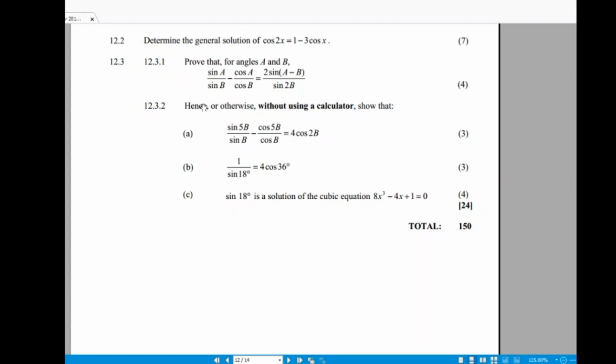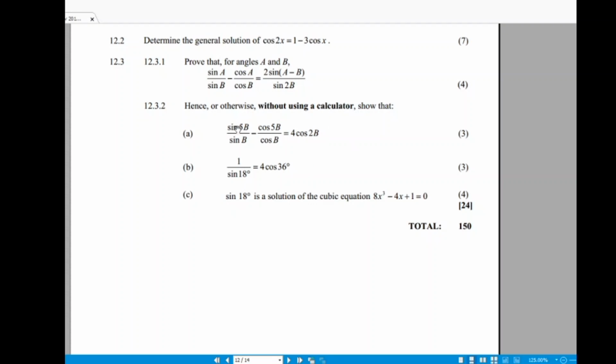So if but hence, they mean that you can use what you have solved already, and then or otherwise it means you can use other ways of solving this, right? So we now would go for the hence part, because we already saw our clues from previous questions, right? And then show that the left hand side is equals to the right hand side.